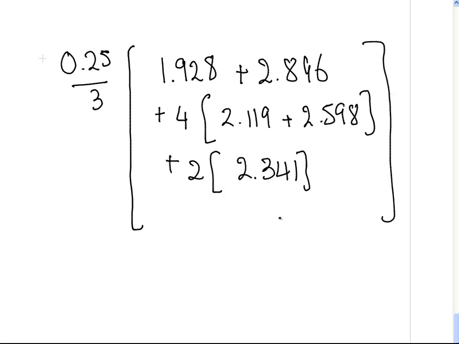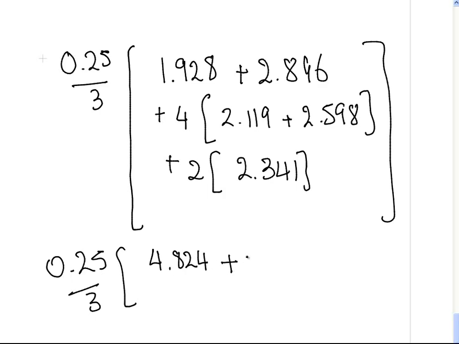Now we just have to compute it out. I make that 0.25 over 3 times 4.824, that's just the first and last values, plus 18.868, that's 4 times the sum of the evens, plus 4.682, which is 2 times the sum of the odds.